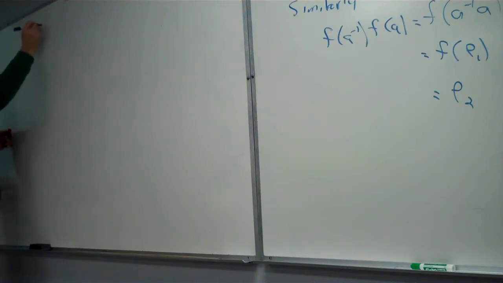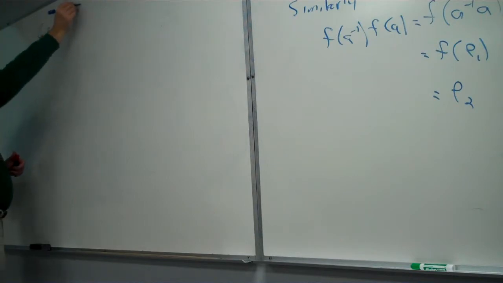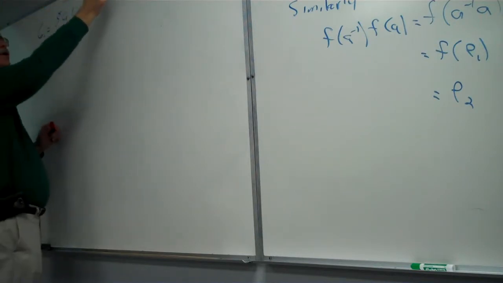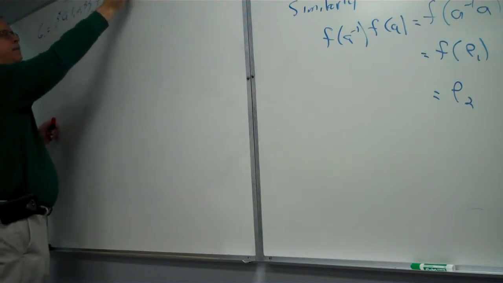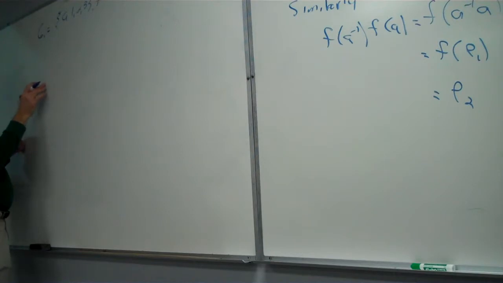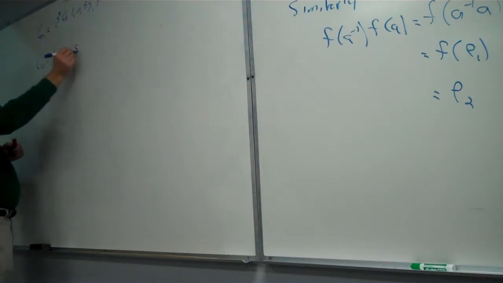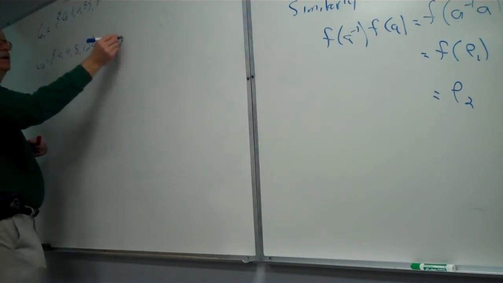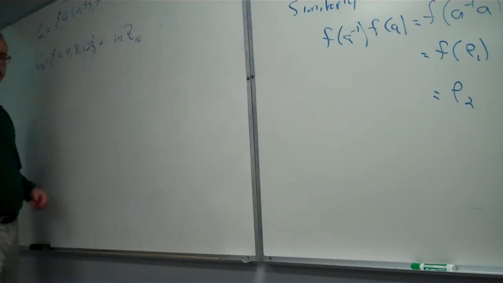So suppose G1 is the group, say 0, 1, 2, 3 under addition, or Z4 under addition. And say group G2 is 0, 4, 8, 12 under addition in Z16.